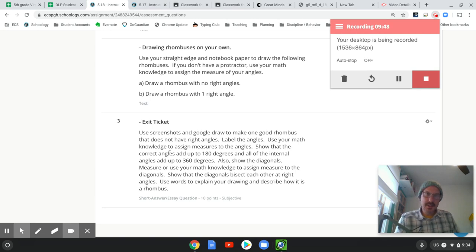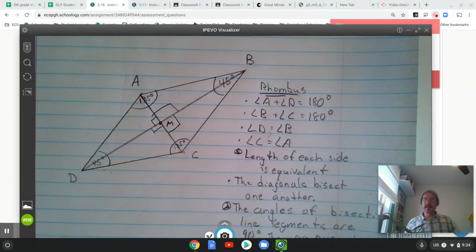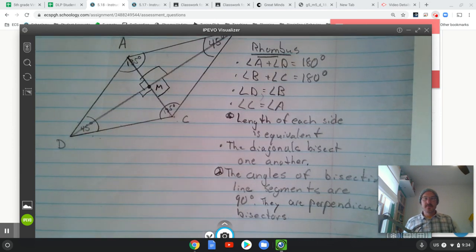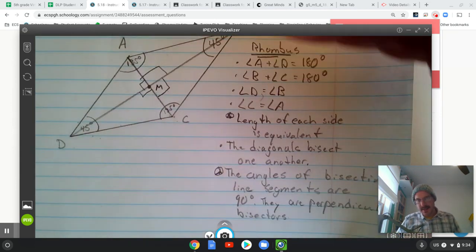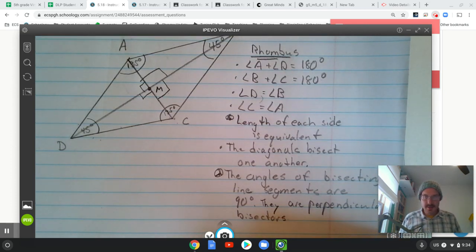The answer to this exit ticket should look an awful lot like this. This example that I'm giving you meets the expectations of the exit ticket.